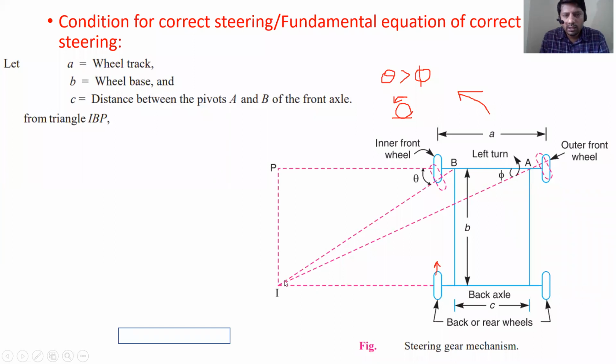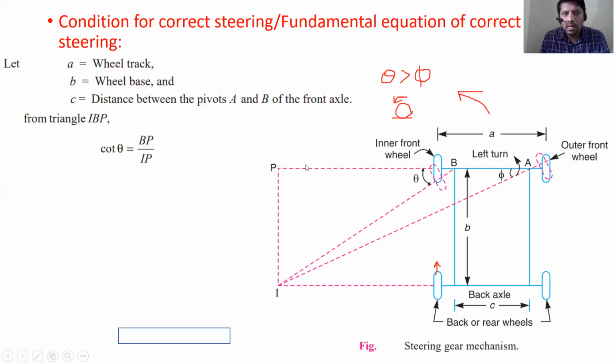Okay, so here now see the triangle IBP. In this triangle, if we see the geometrical relation, cot theta you can write as BP upon IP.